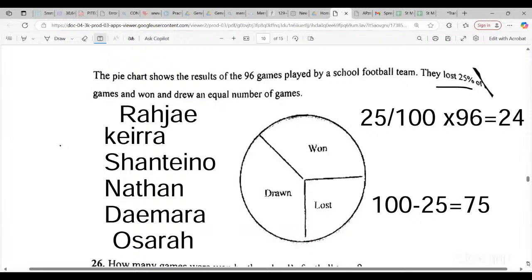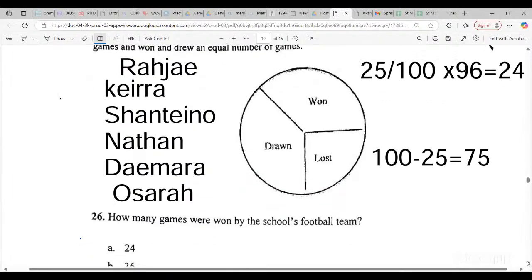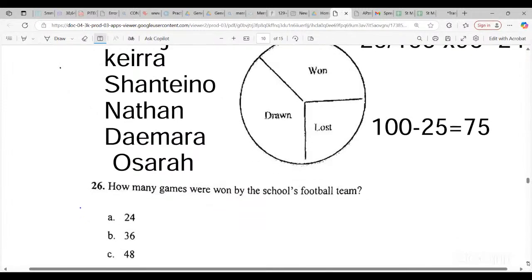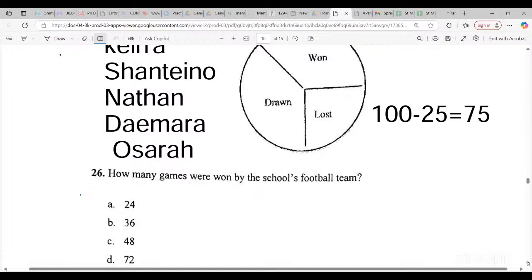It cannot be 48, because 48 plus 48 would be 96. And it cannot be 72, because 72 plus 72 would be higher than 96. So the best estimate would be 36.